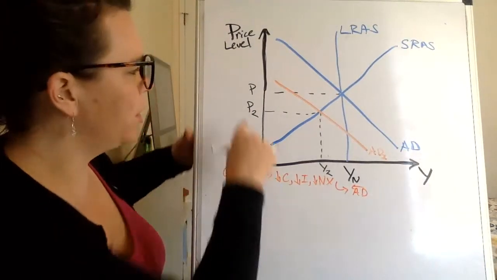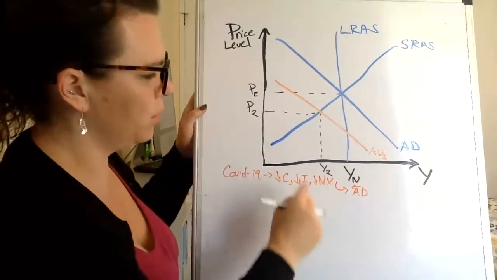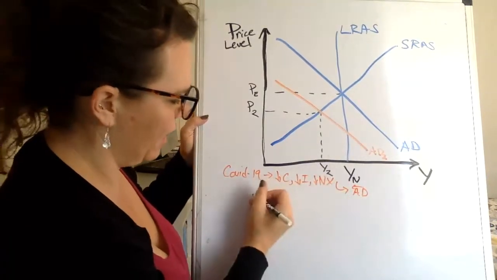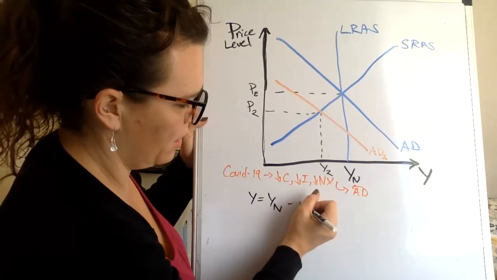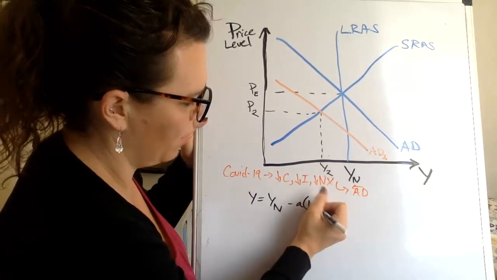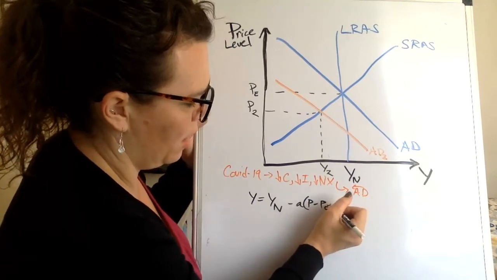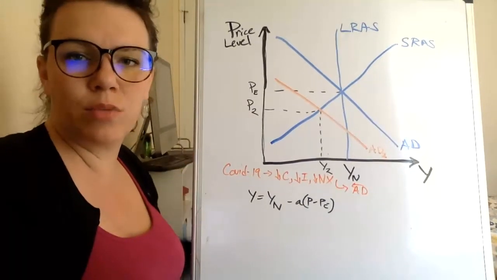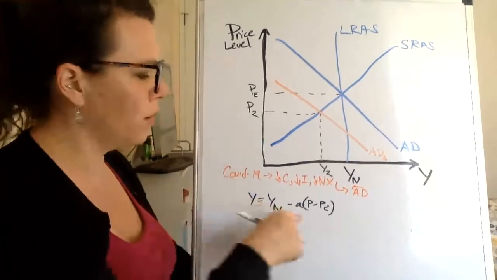One of the things you want to notice here is if PE was our expected price level and P2 is the current price level, we'll see that Y is below YN. And you want to remember that Y is equal to YN minus some effect from the difference between P and PE. So if P is lower than our expected price level, then output will be lower than it normally would be.